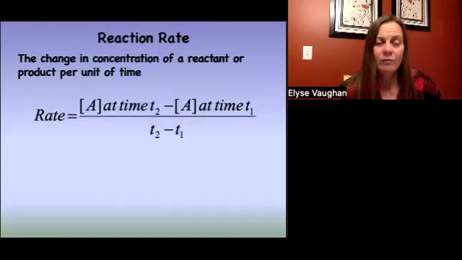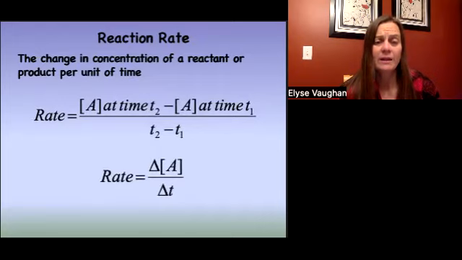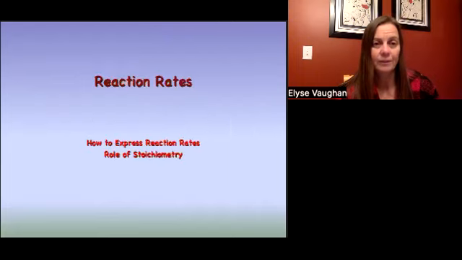So we can think of rate as being the change in concentration: the concentration at time 2 minus the concentration at time 1, divided by the difference in those two times, or the time elapsed. We can write this as the rate equal to the change in concentration of the species we're interested in over the change in time. And that's a rate of reaction.